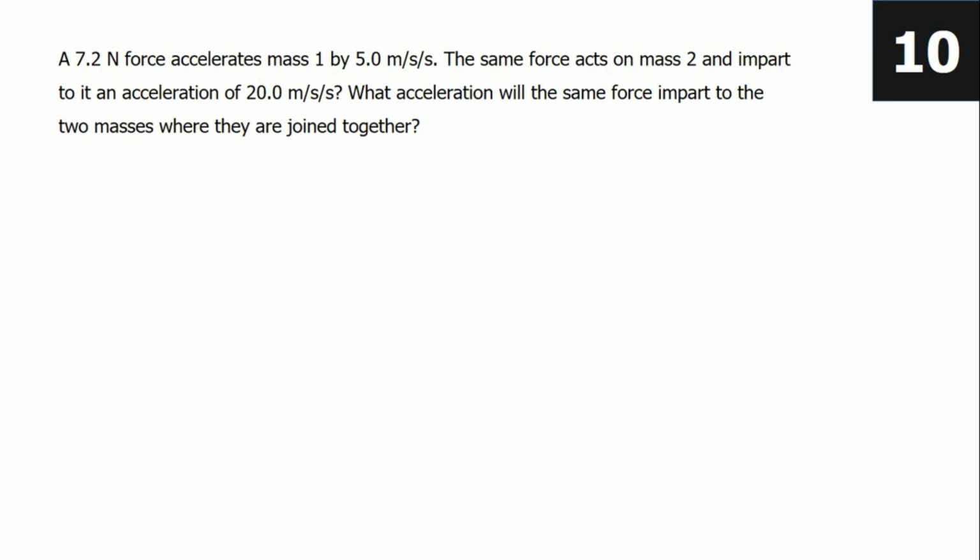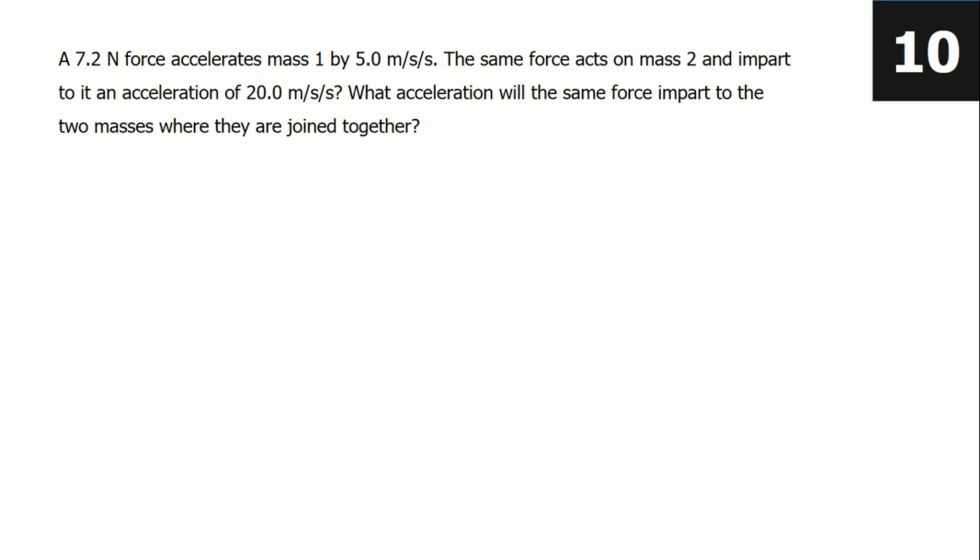The same force, which is 7.2 Newton, acts on mass 2 and imparts to it an acceleration of 20 meter per second squared. So again, you're not given the mass, but you can easily solve for that. What acceleration will the same force, meaning 7.2 newtons, impart to the two masses when they are joined together?